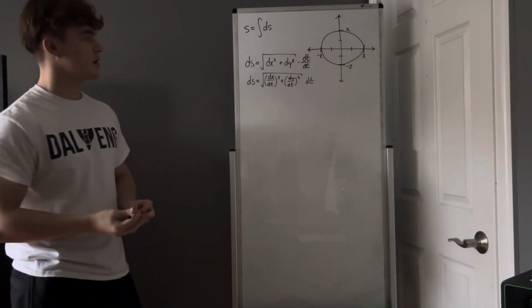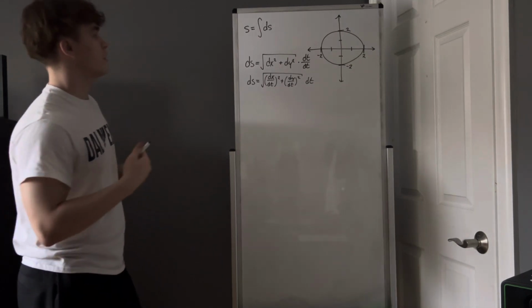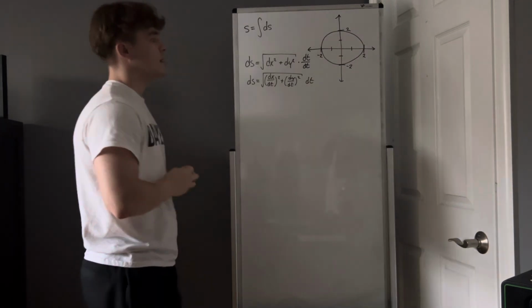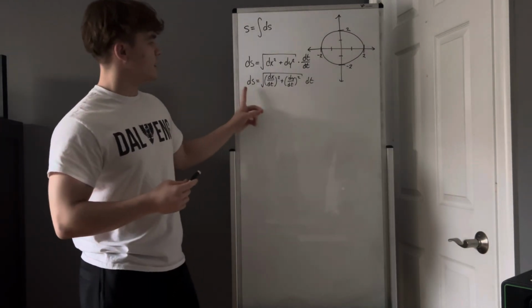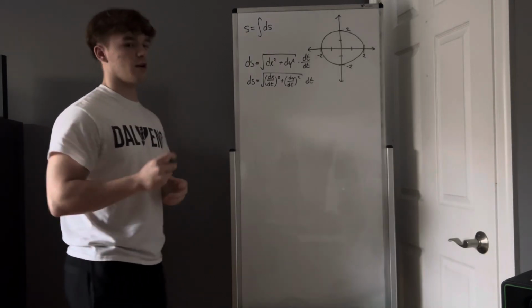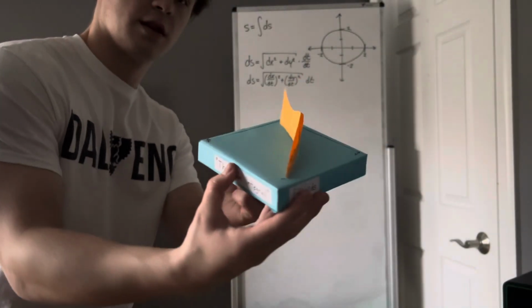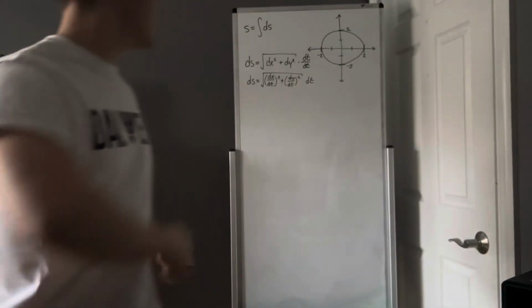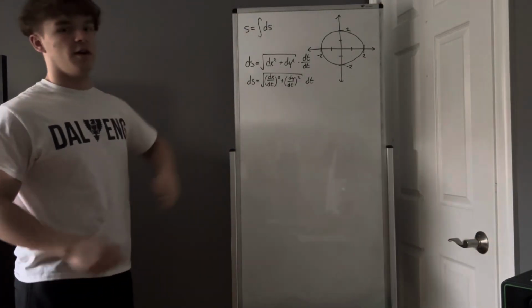And so this gives us something very interesting. In fact, this exact ds is used in Calc 3 when we talk about line integrals. Let me just show you a little thing I have on my desk here. This is a line integral, an integral over 3D space. And this is exactly why this is very important.